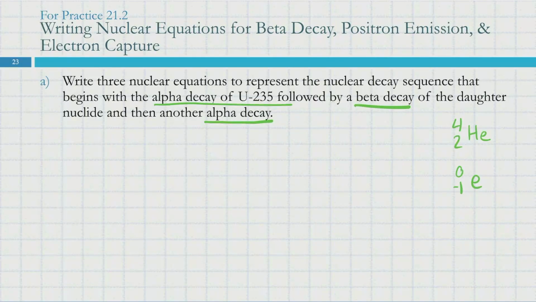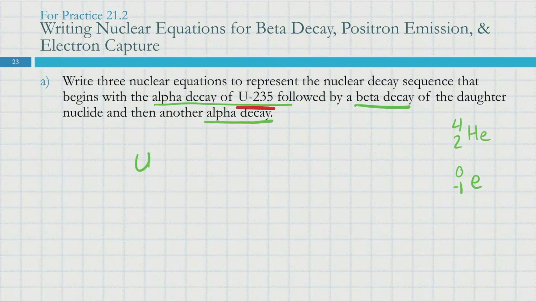There's the alpha and beta particles in case you had forgotten. So the information that we would start with here is we're starting with uranium-235. That's our overall parent nuclide.